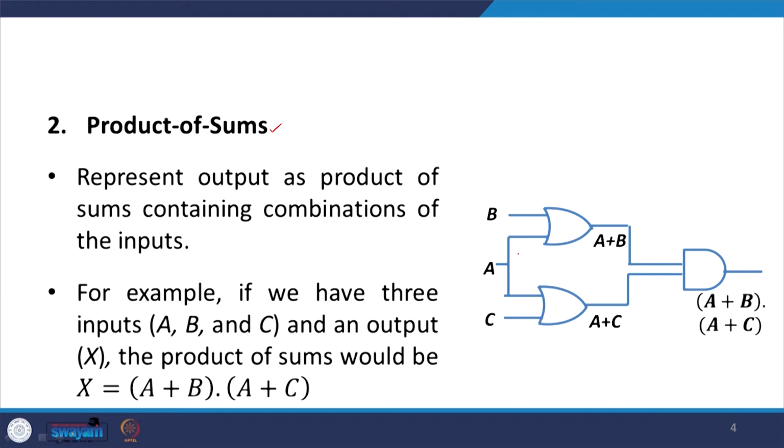A and B are the inputs to the first OR gate, so the output is A plus B, and for the second OR gate the inputs are A and C, so the output is A plus C. When these two are sent as input to an AND gate, we get (A plus B) into (A plus C). So it represents the output as a product of sums containing combinations of the inputs. This is what I just talked about.